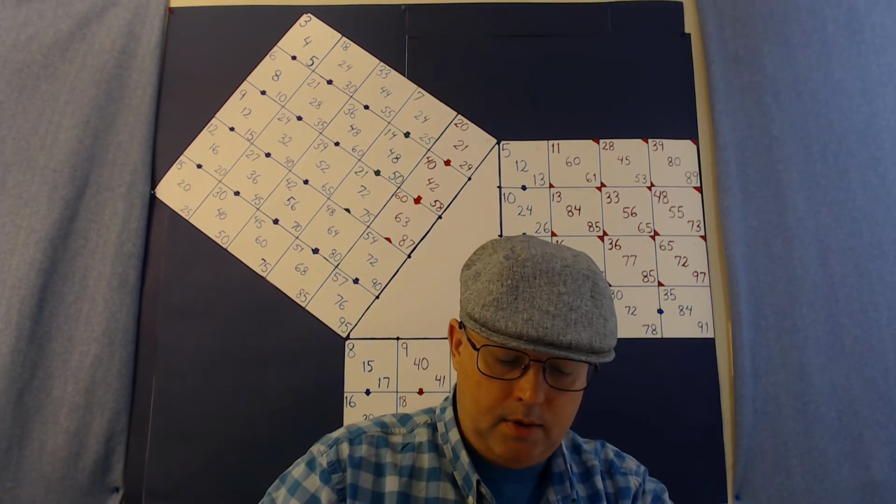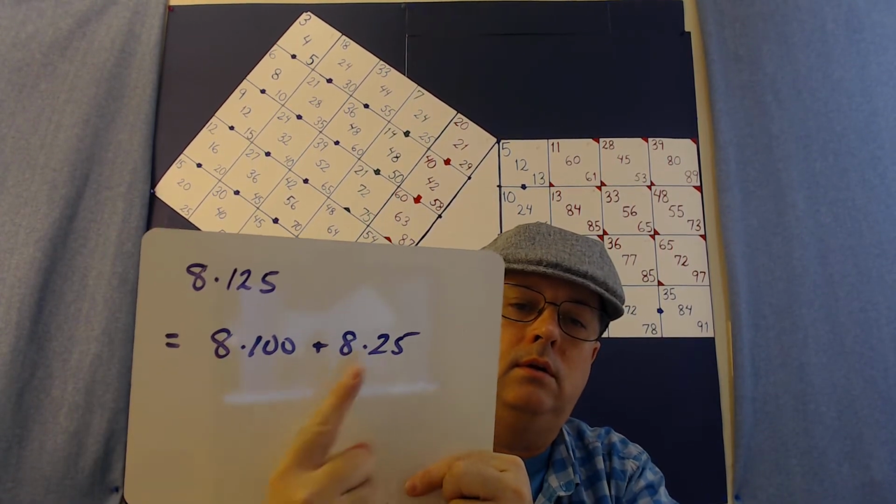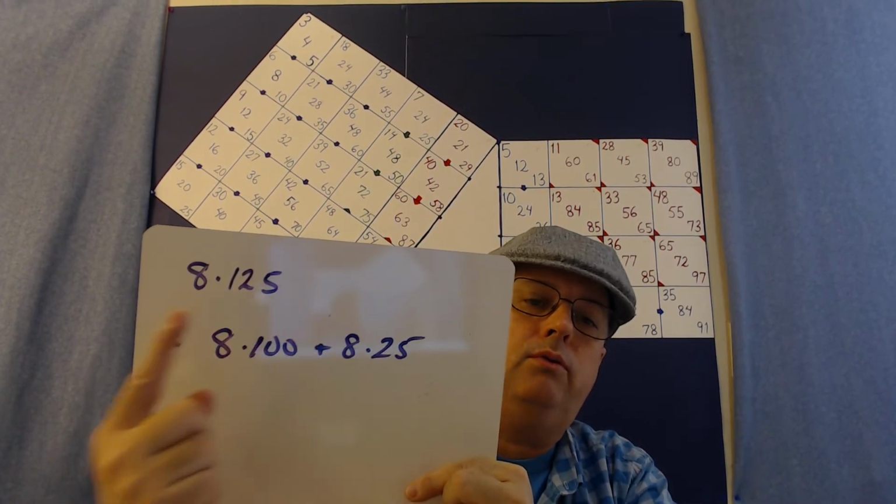Well, let's think about that for a moment. 8 times 125 is the same as 8 times 100 plus 8 times 25. Isn't that true? 100 eighths and 25 more eighths means you have 125 eighths.